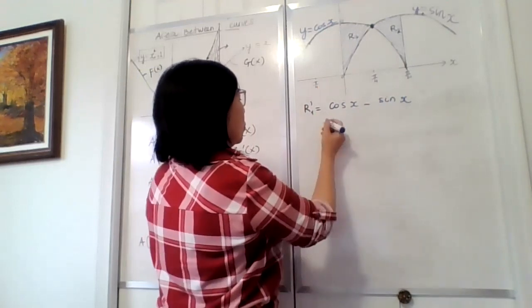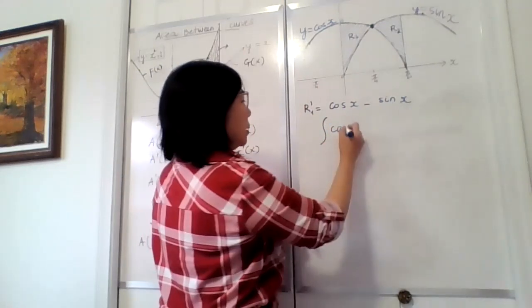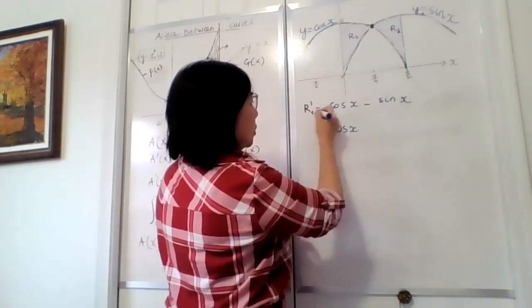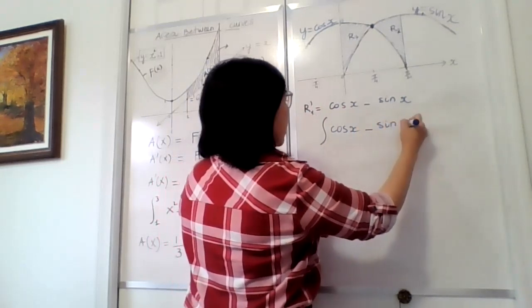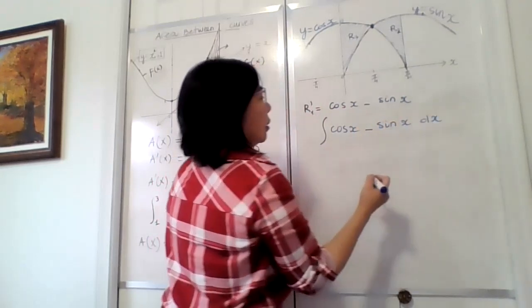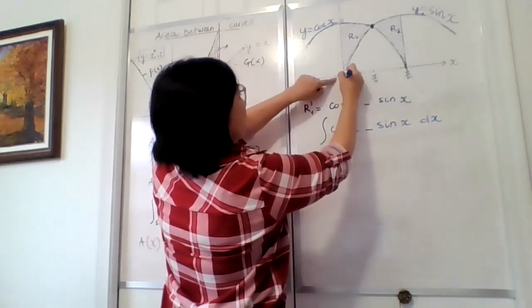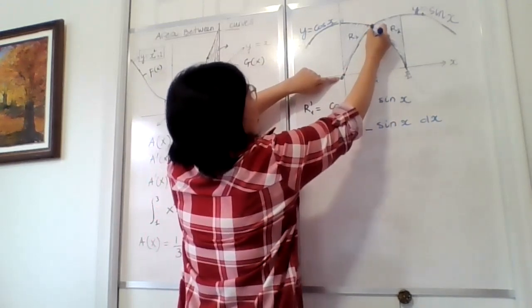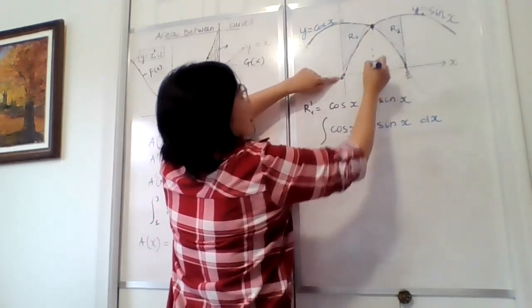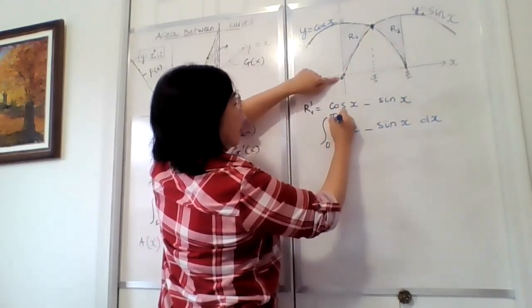So what we're going to do is integrate this derivative, to make an antiderivative to get back to the region function. So cos x minus sine x dx. Let's take a look at the integration region from 0 to pi over 4, right? This is at pi over 4. So we're going to say from 0 to pi over 4.